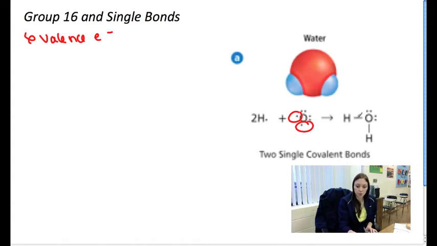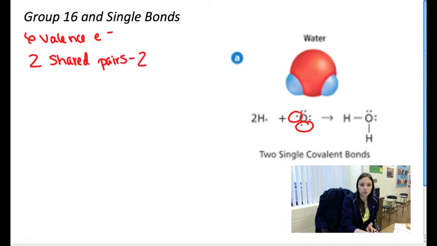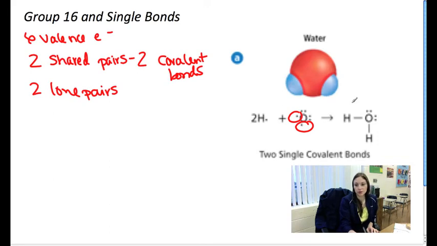So they will bond twice, or have 2 shared pairs for 2 covalent bonds. And we end up with oxygen also having 2 lone pairs. These have 8 around it. So it's going to share 2, 1 with each hydrogen, and then have 2 lone pairs for a total of 8.